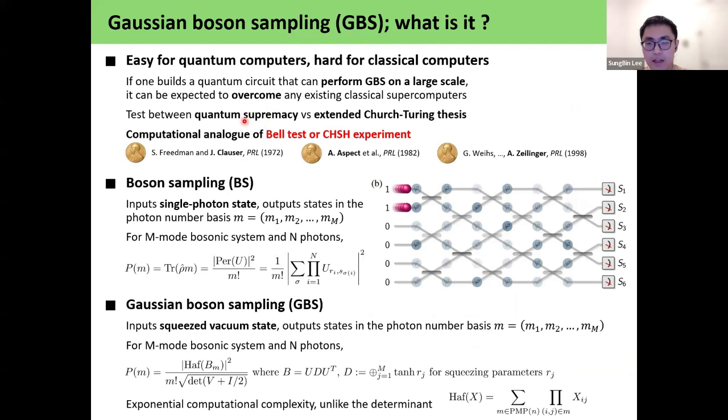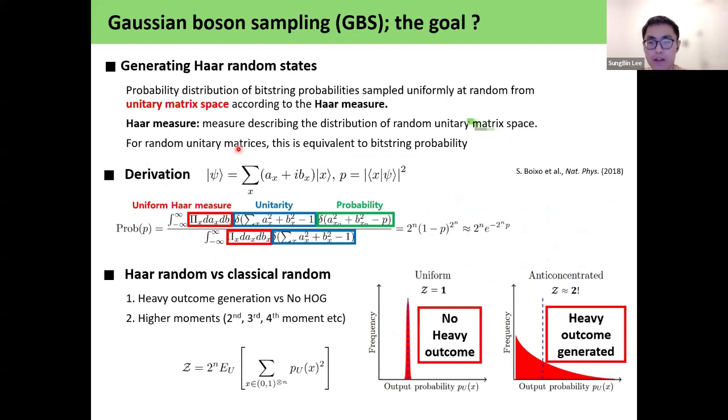And in the meantime, you cannot compute the probabilities with quantum computers either, because to compute the probability you have to perform state tomography, which is exponentially hard. So there's no way you can know the answer. How you can verify is to check whether you have heavy outcomes generated by measuring a few probabilities, not all.